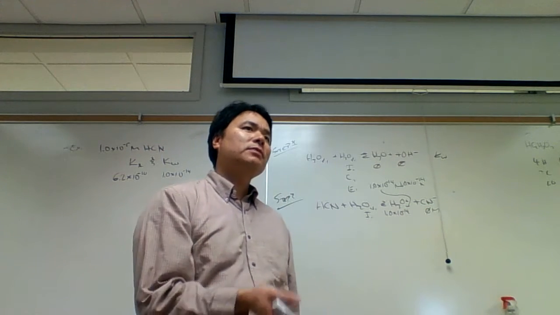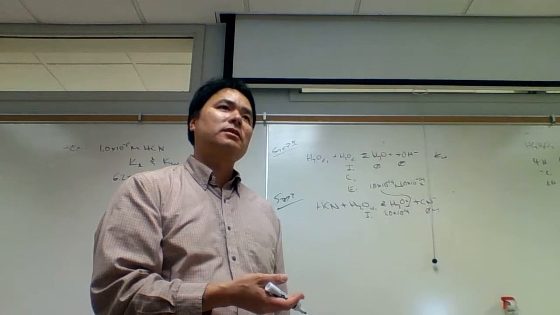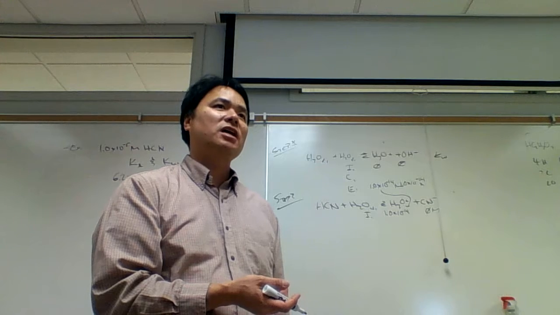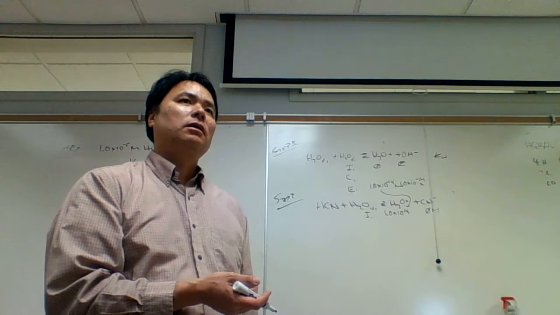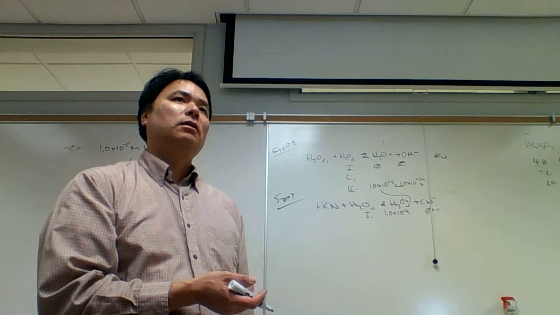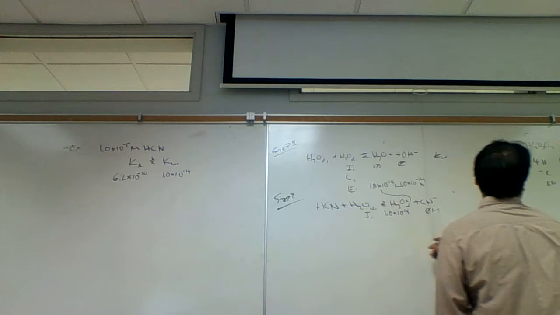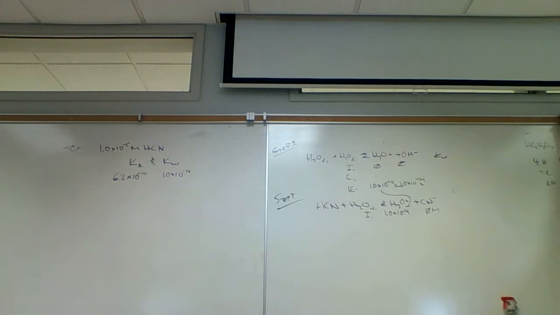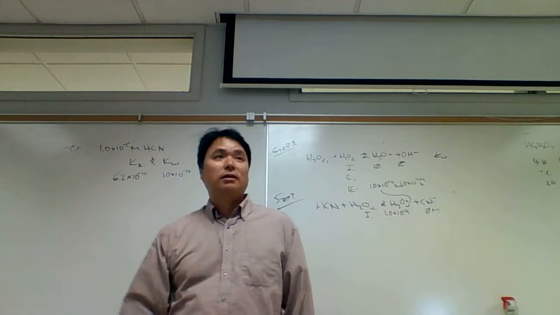See, what they did was they went ahead and did step 1 first as Kw and then went on to step 2, which is HCN. I would have done it the opposite way. We did it in class, but with the initial concentration being 10 to something. Well, yeah, but how did they solve this now? What did they do?